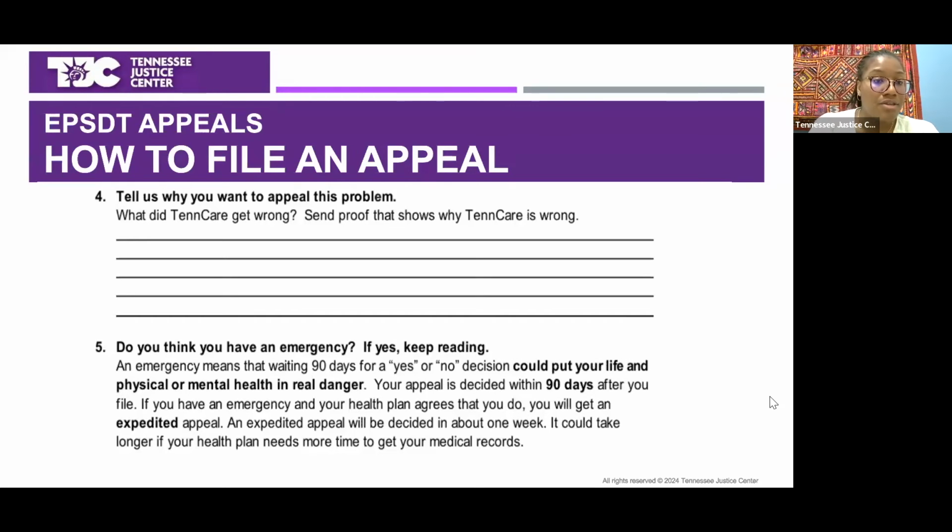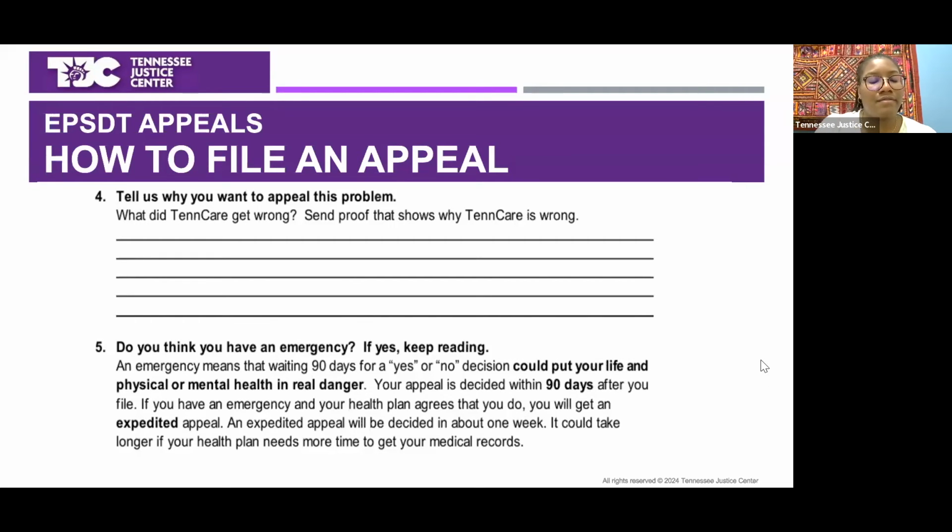You'll have an opportunity to explain why this treatment is medically necessary in this particular instance for the overall care of the child that is enrolled in TennCare, and also to send supporting documentation or any other proof that this service is medically necessary. And then there are also emergency situations.